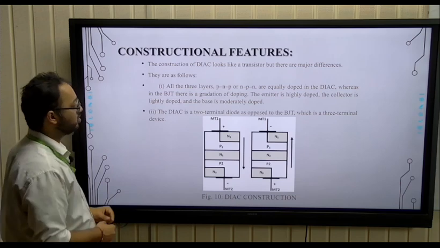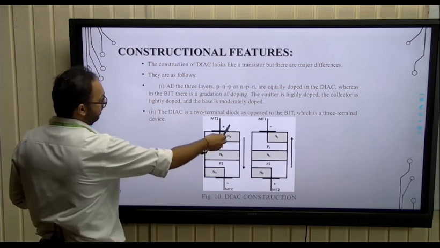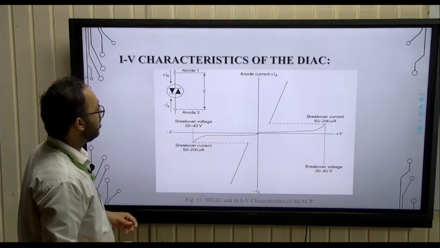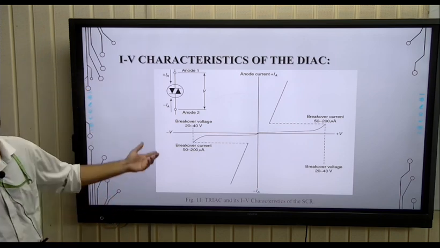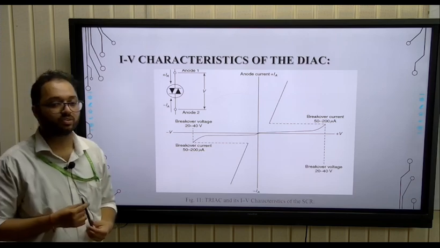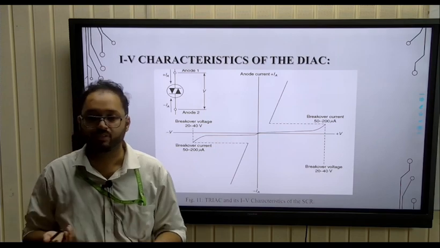The diac is also a two terminal device, while the BJT is a three terminal device. When you conduct with the help of a diac, this is what it looks like. You may say, sir, we are using a diac but conducting in both directions, then why are we using it?